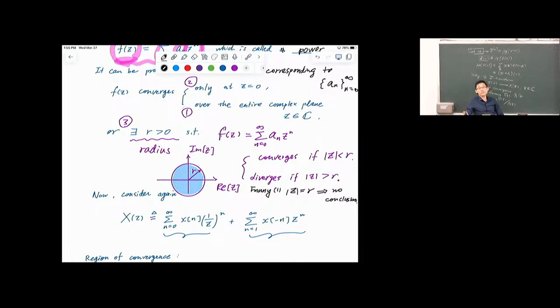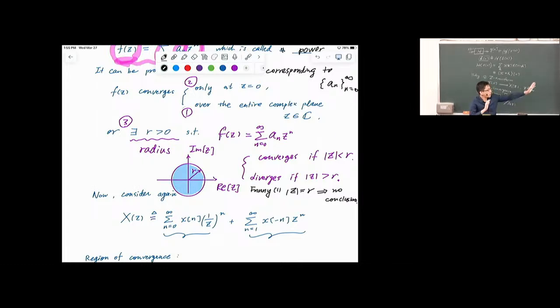Maybe I should say funny, because this theorem is pretty powerful. If you think about it, the first case is converging over the entire plane. The second case is converging only at the origin, right? But the third case really tells us the region of convergence is always a circle. And I think that's funny.